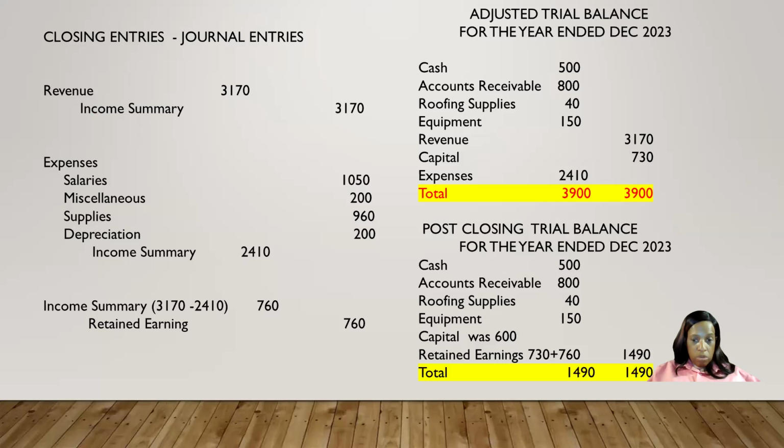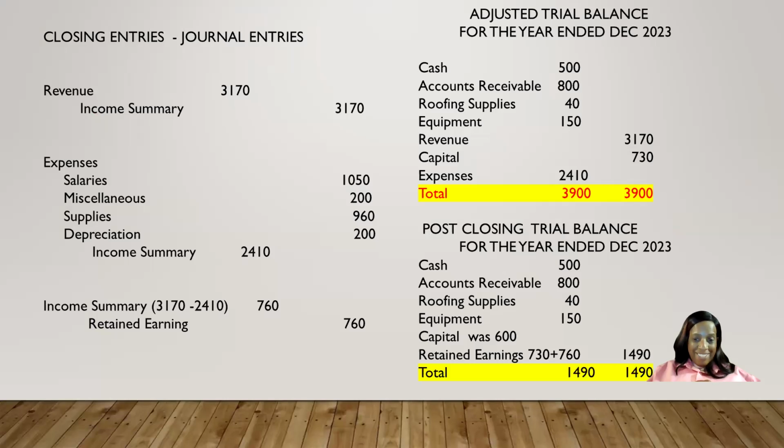So we would combine revenue and expenses. We'd have revenue of 3170 and expenses of 2,410 total, and then we just close it all out into retained earnings and we get 760. We'll do more examples on that so you have more practice. So how many methods? Two.